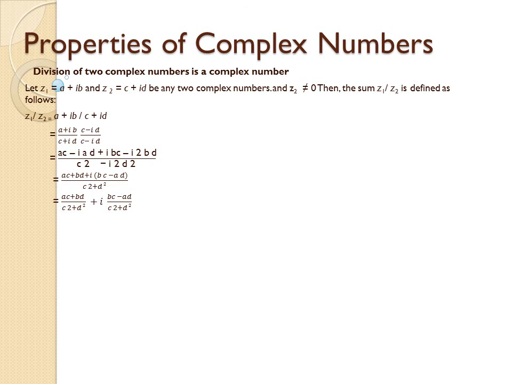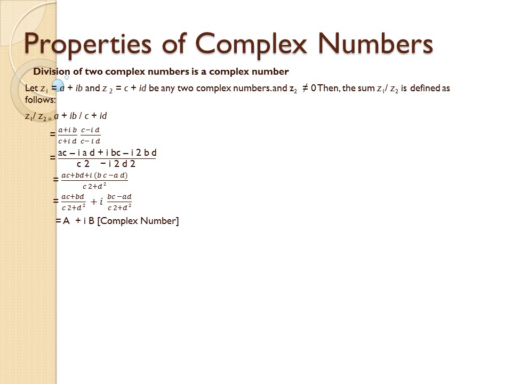Here also I can see now one term is with i and one term is without i. So the first term, if I consider as capital A, that is a real number, and the second term, if I consider as i of capital B, is a real number, then we can see that this particular expression is also in the form of A plus iB.